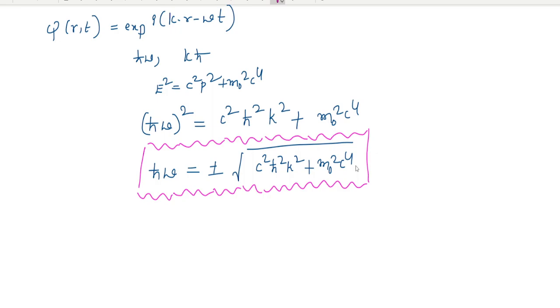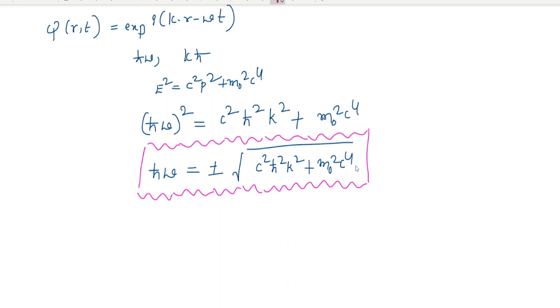The Klein Gordon equation was not able to give a consistent explanation of the negative energy. It gives the explanation for the positive energy, but it is unable to explain what the negative energy of the system is.